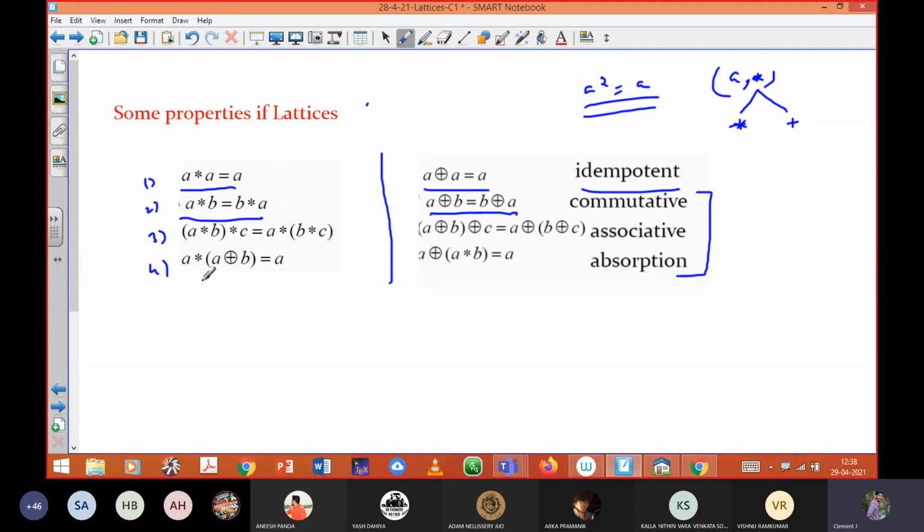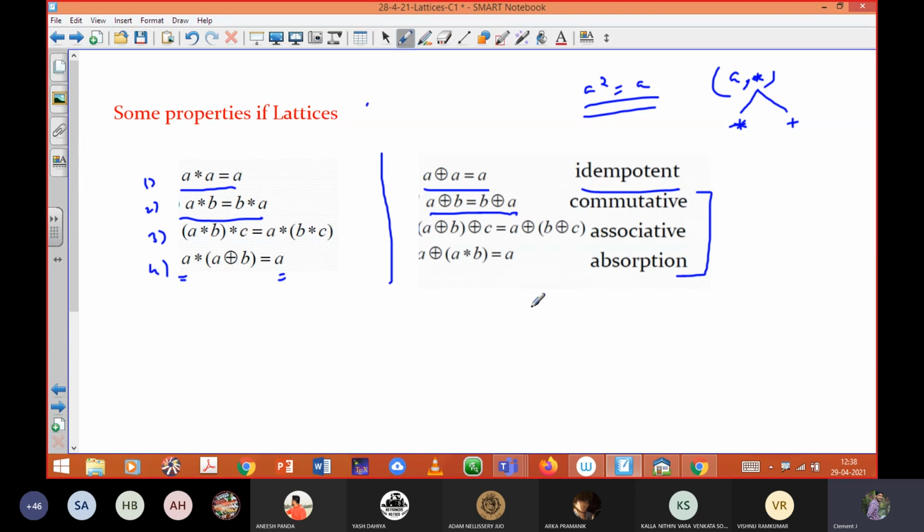If one element is dominating on the left-hand side, that dominating element will be the answer. Here A is dominating, so A will be the answer; if B is dominating, B will be the answer. Even if you change the positions of the notations, whichever element dominates will be the final answer.